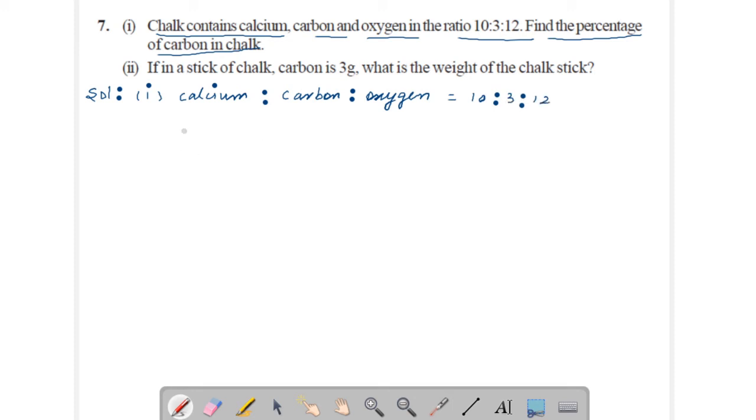Here total parts equal to, add the ratio, that is 10 plus 3 plus 12, that is 25.